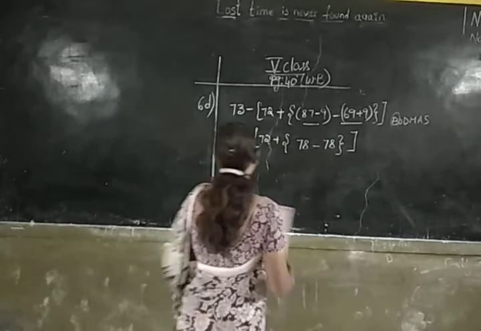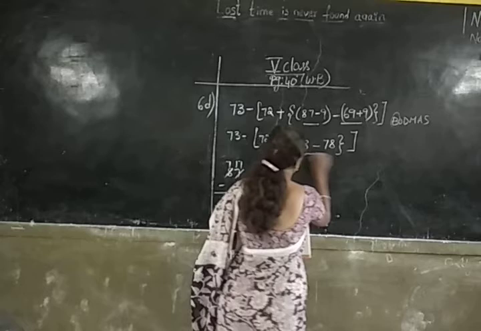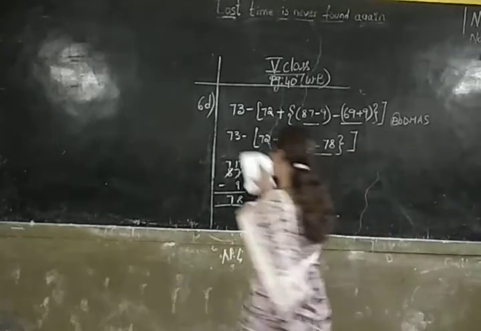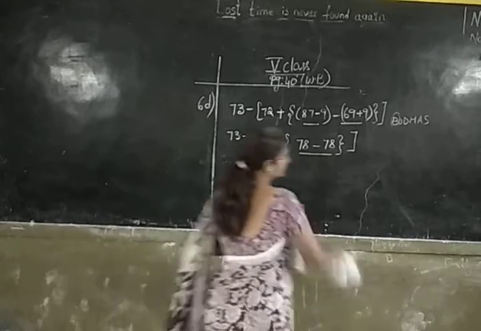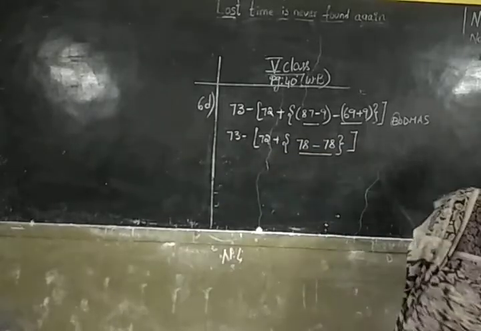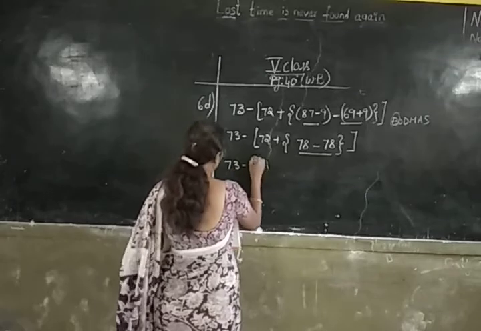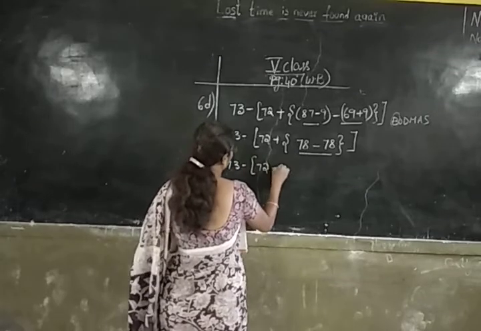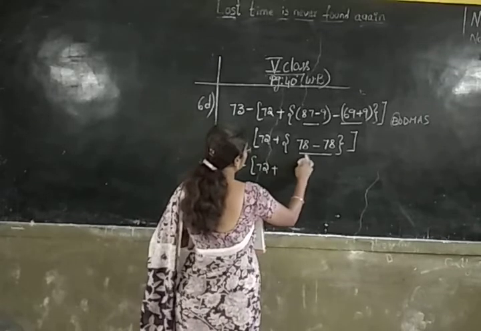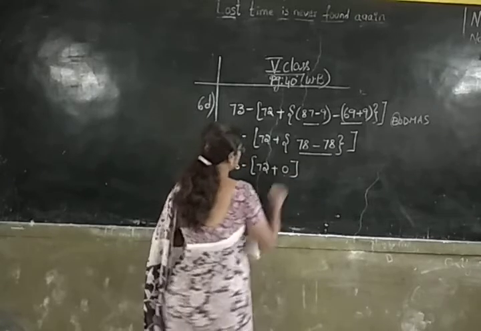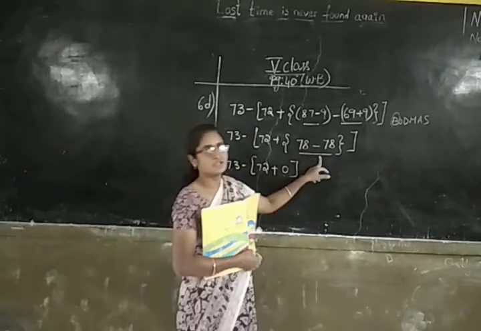Now let us solve the terms inside the pearl bracket or flower bracket. 78 minus 78 is 0.